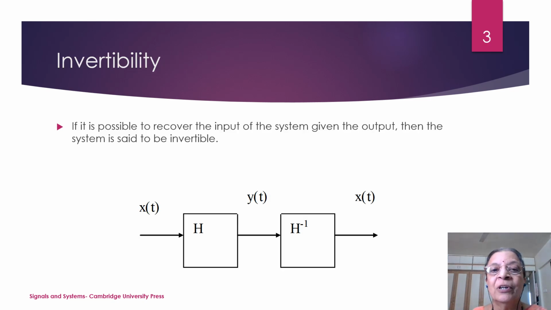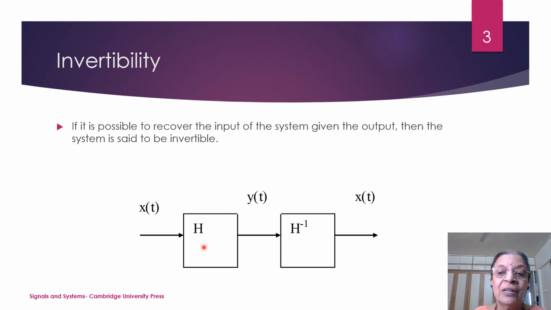So, what is invertibility? Let us understand the meaning of invertibility. Suppose we consider the system represented by the block as capital H, then there must exist the system called H inverse. It is not the inverse, it is just denoted as inverse. So, H convolved with H inverse must be equal to 1.